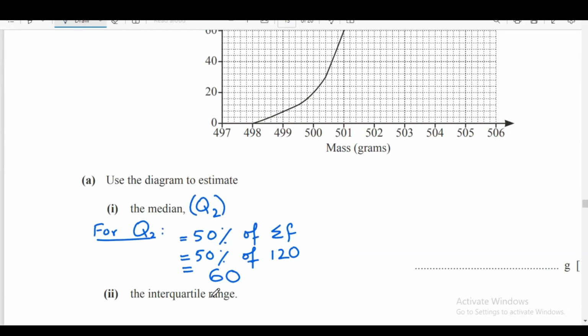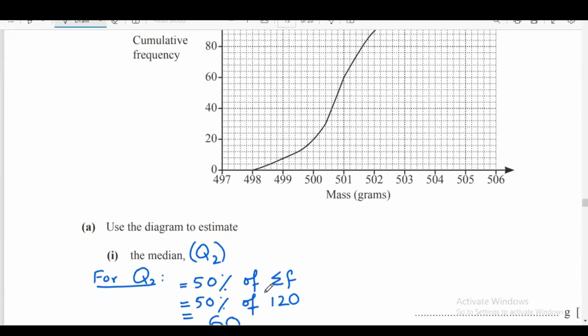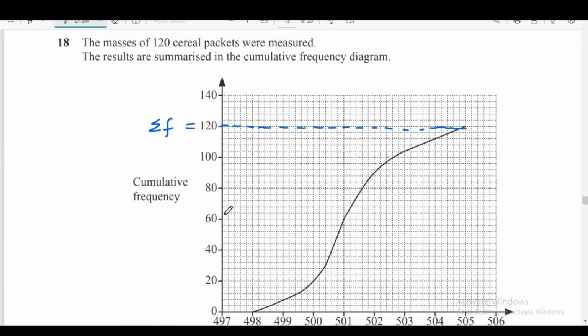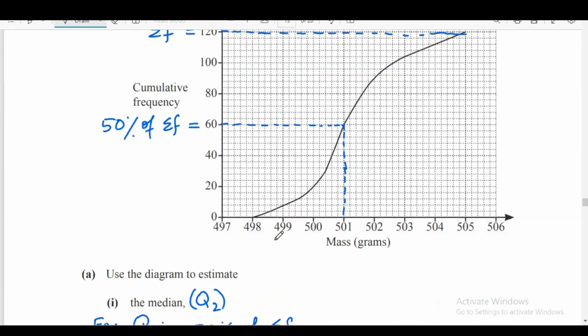So how to find the median from the graph? Mark 50% of sigma f, which is 60 here, and draw a straight line till the graph. Now the value on the x-axis will be the value of Q2, or you can say median.